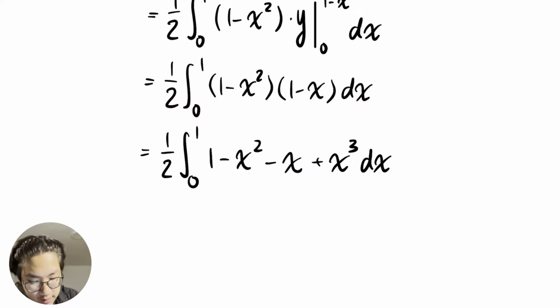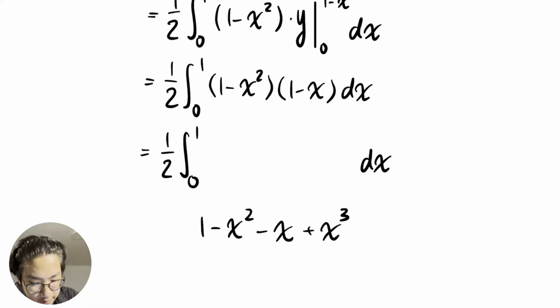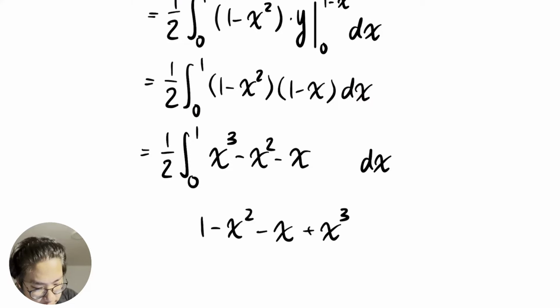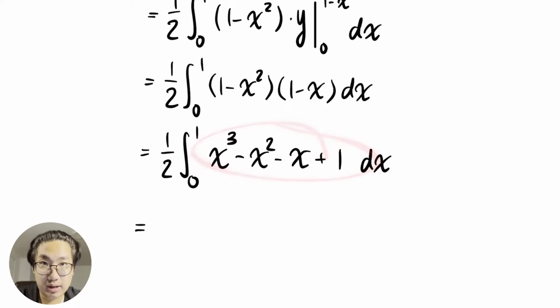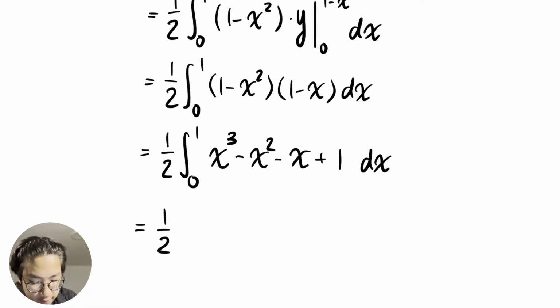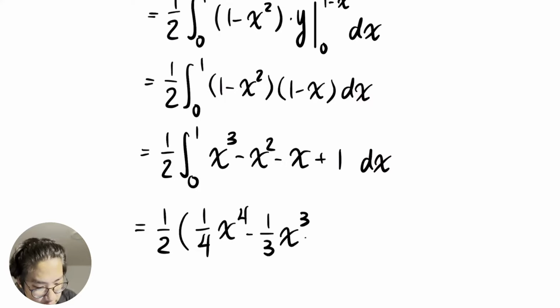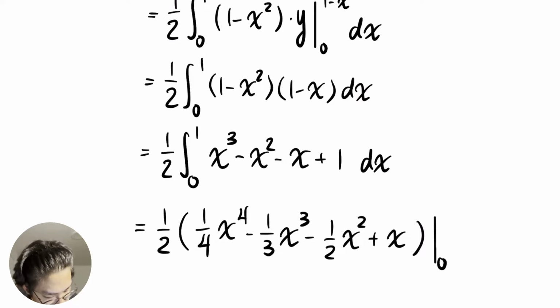Then I'm going to rewrite this so it's ordered nicely: x cubed minus x squared minus x plus 1, dx. Now this is something simple that we can directly integrate. So we have 1/2 times the following: 1/4 x to the 4 minus 1/3 x cubed minus 1/2 x squared plus x, all evaluated between 0 and 1.